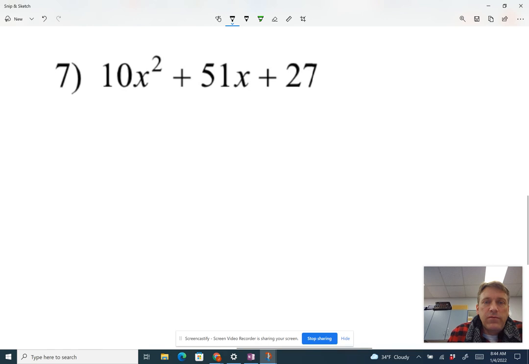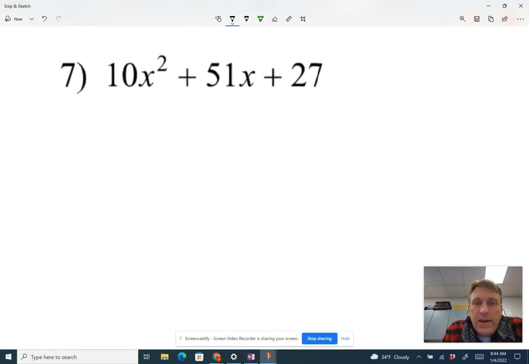Okay, number 7, I've got 10x squared plus 51x plus 27. Let's see, 10 is 2 and 5, and neither 51 nor 27 is even, so 2 won't go into them. And 5 won't go into 51 or 27 either, and they don't all have x's.